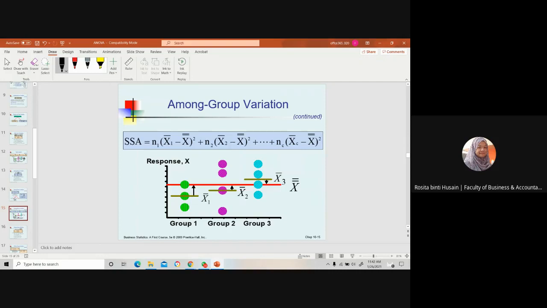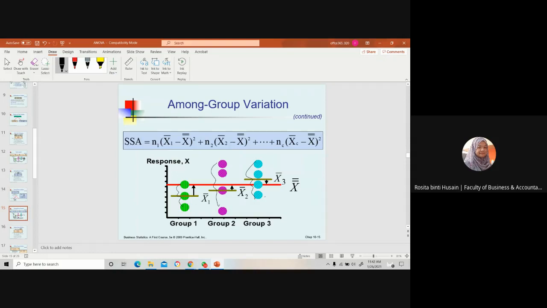So let's say Group 1 has 3 items, Group 2 has 4 items, Group 3 has 4 items. For each group, you calculate the mean. X bar 1 is the mean for group 1, X bar 2 the mean for group 2, X bar 3 the mean for group 3.